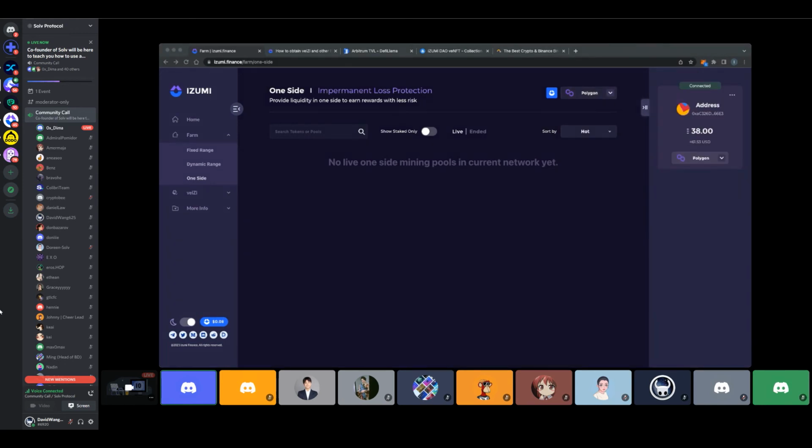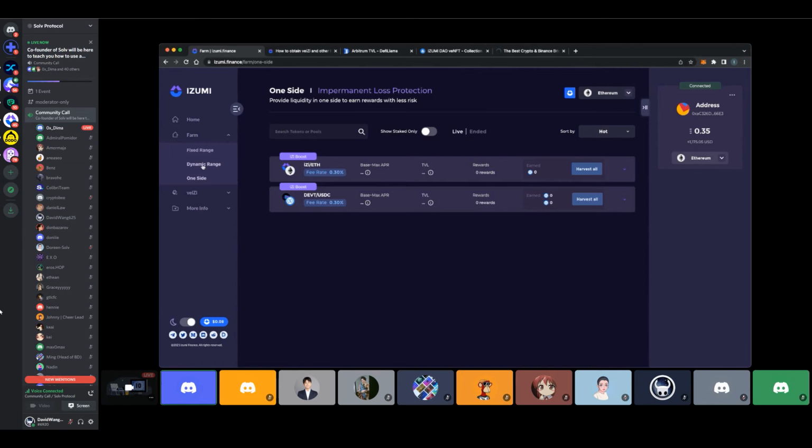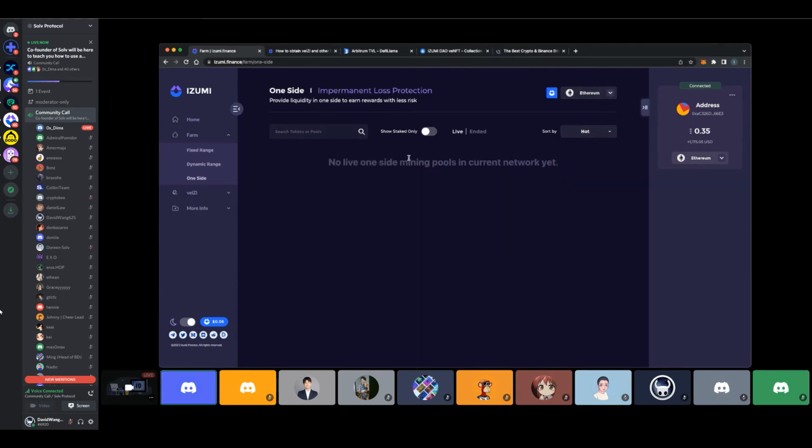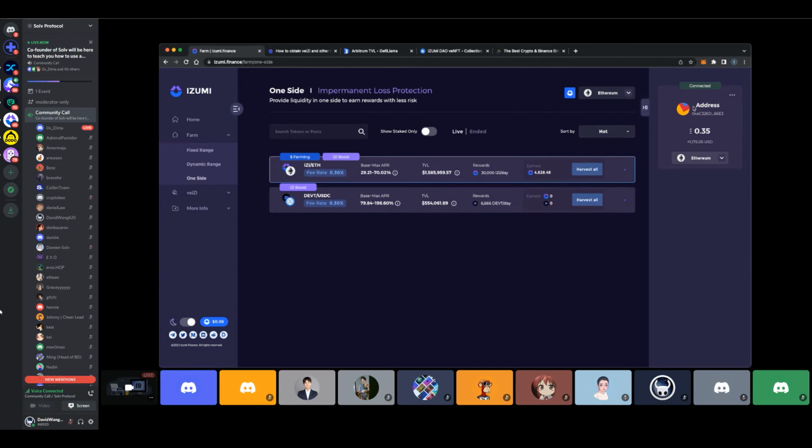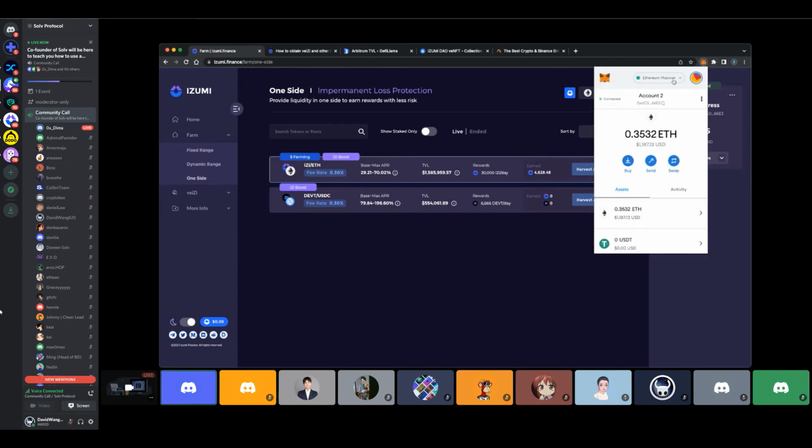Because when you provide liquidity in the one-side option, in this case with EASY ETH, you stake your position. Let me show you. You stake your EASY token on the staking mining contract, and you provide ETH token to Uniswap.